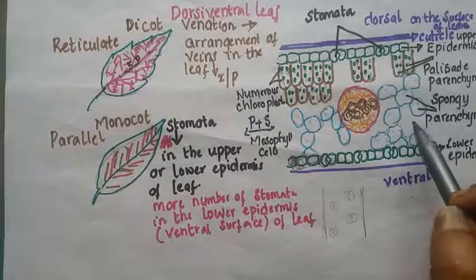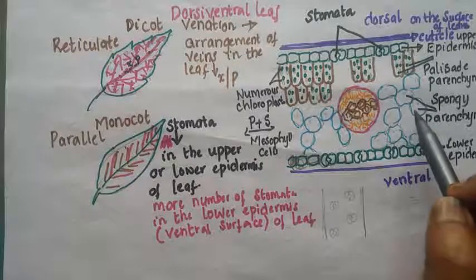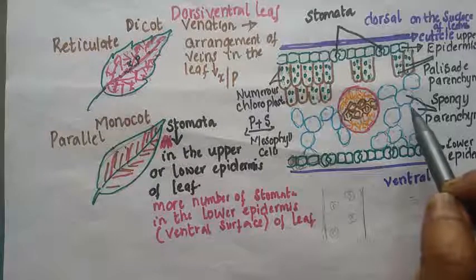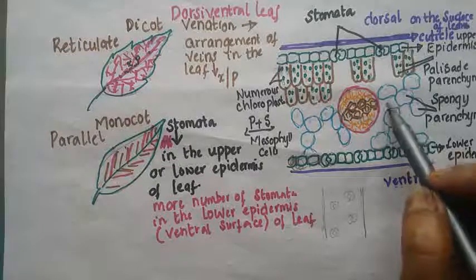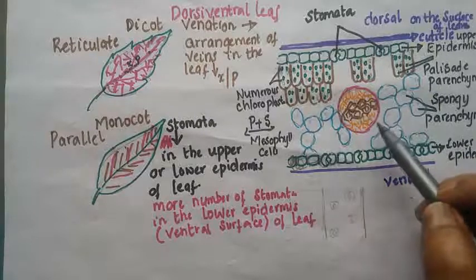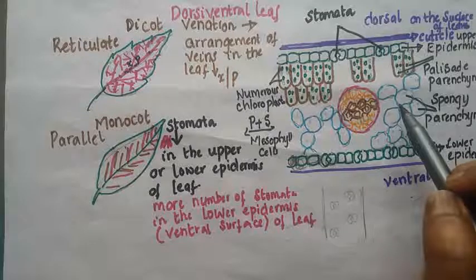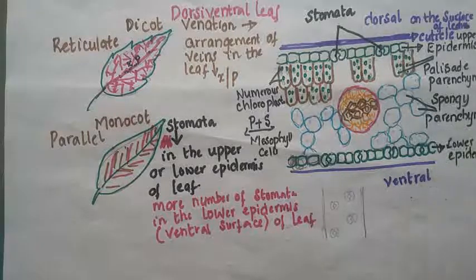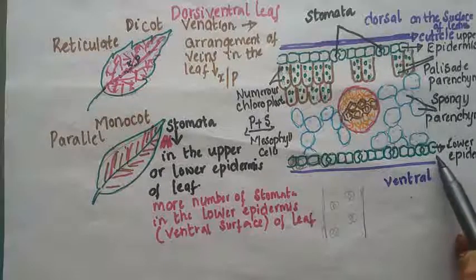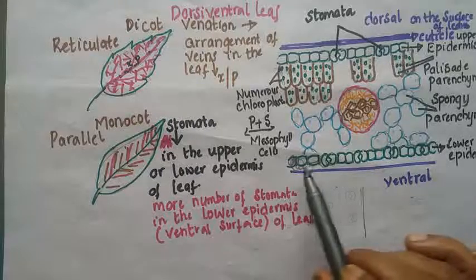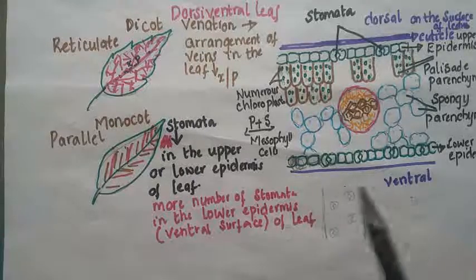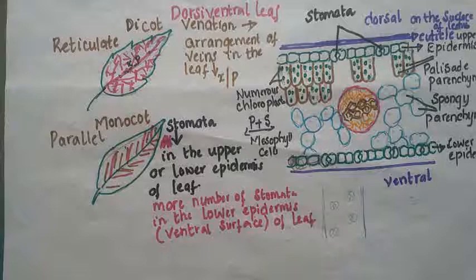Below them we find the spongy parenchyma cells, which are loosely arranged, irregular in shape, and have a lot of intercellular spaces, responsible for storing food. And below that we find the lower epidermis. In between the epidermal cells again we find the stomata.